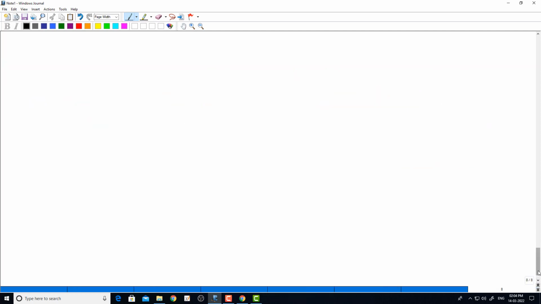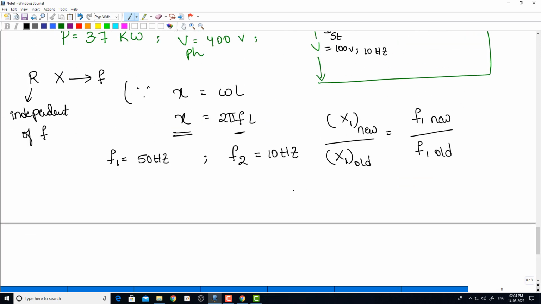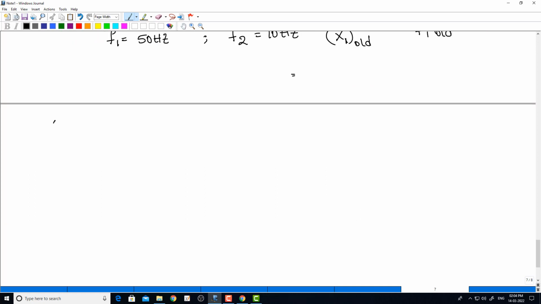So, X1 new we need to find out, divided by X1 old, which is 8.2212 ohms, is equal to F new, which is 10, divided by 50.